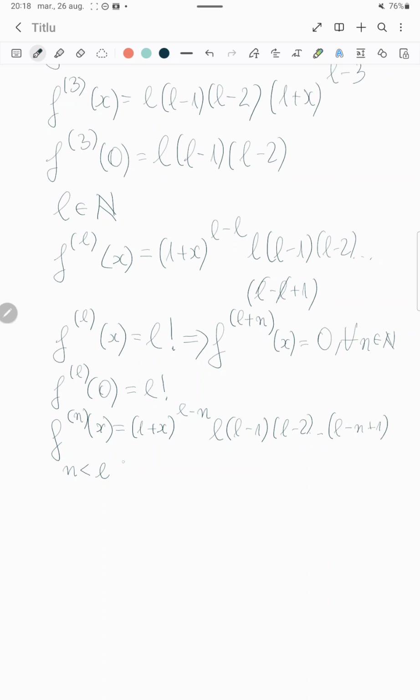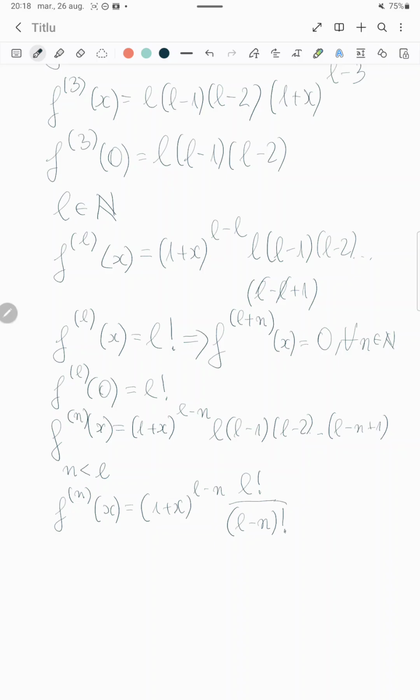But this can easily be written as the nth derivative of f of x being equal to (1 plus x) to the power of L minus n times L factorial divided by L minus n factorial.